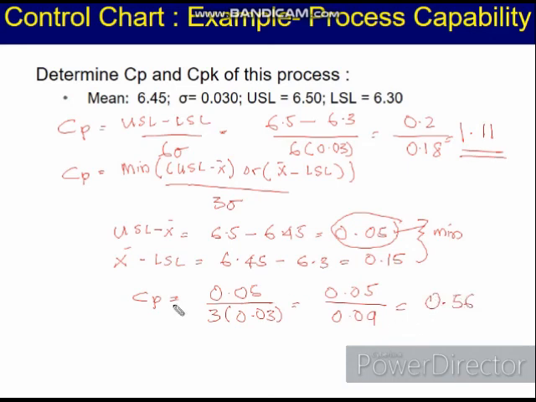This is CPK. If you use CPK as the capability indicator, it tells you that CPK is 0.56. This indicates that the process is not capable. With this analysis, you're saying that the process is not capable because of this value.